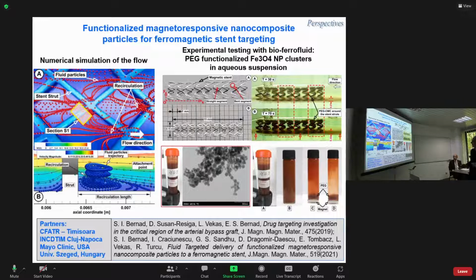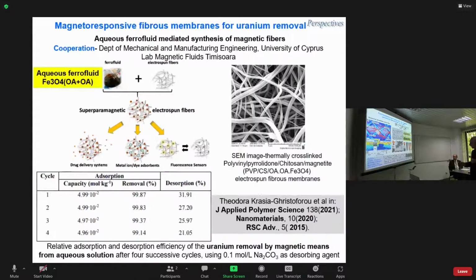And we use a suspension of polyethylene glycol coated magnetite clusters, and they are captured by this ferromagnetic stent. The idea is that this nanocluster is coated with the necessary medication for the patient after the surgery. Okay.